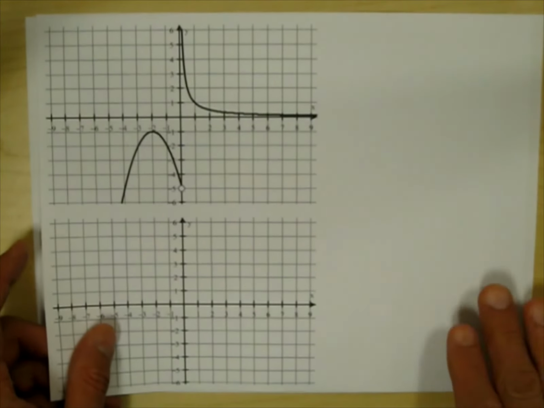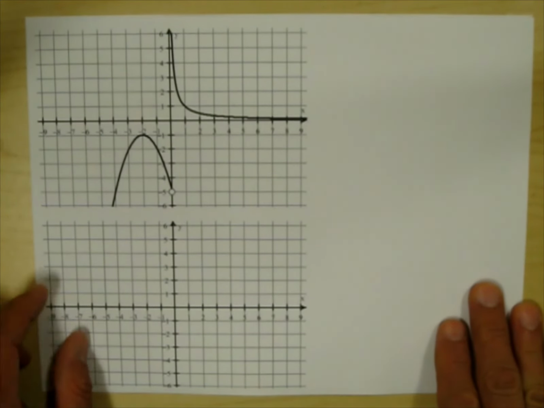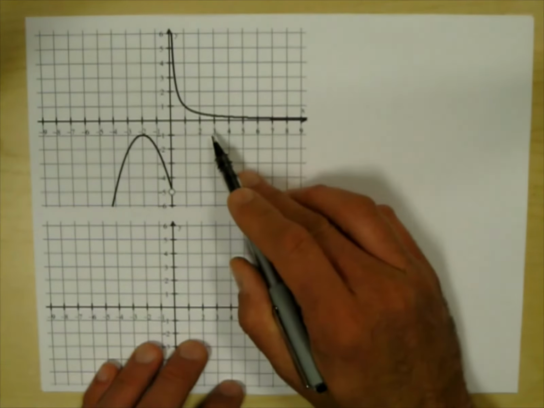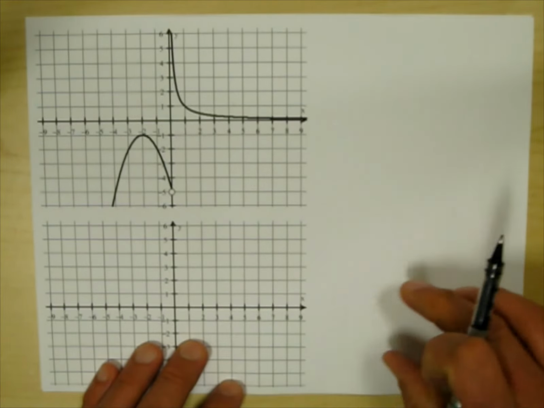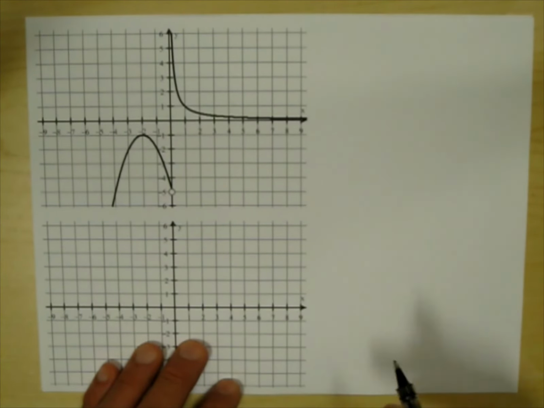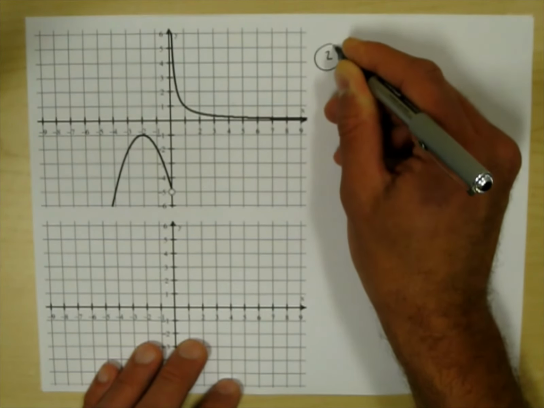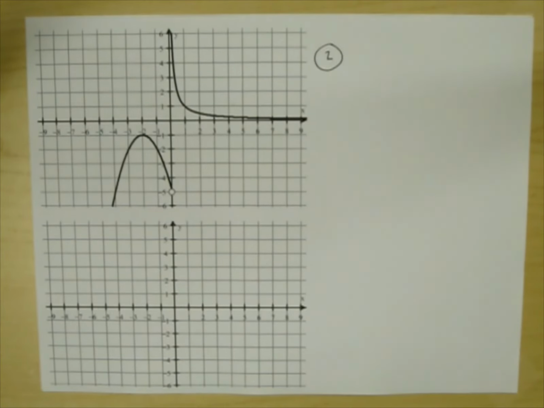Now in your homework, they're going to have you sketch a few. Some of the problems in your homework are just going to be matching. Those are a lot easier because then you can just pick a point and say, what's the slope at this point? And then look at the 4 graphs and go, oh, there's only one that has a positive slope or a negative slope. So this is problem 2. Here's the graph of f.